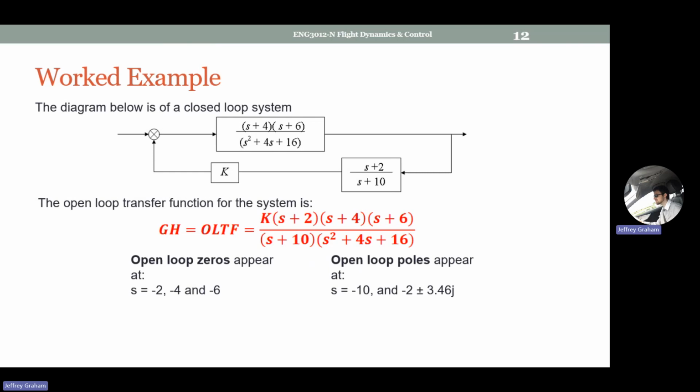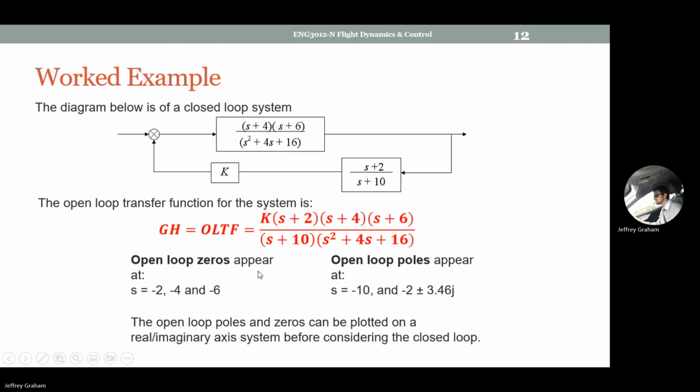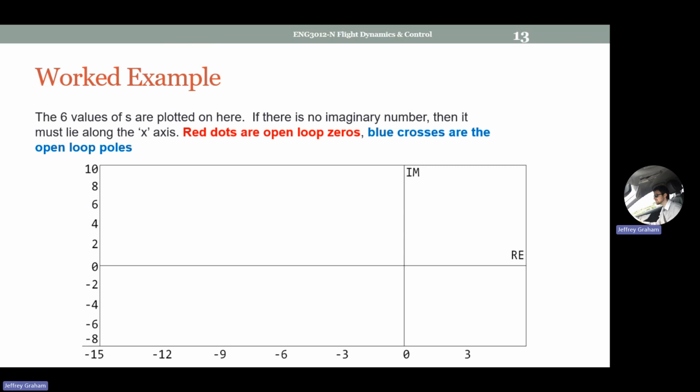Right, so what I'm going to do is plot those first. So these are the limits. You effectively get a little plot that looks like this, real on the x-axis, imaginary on the y. The zeros are in red, so we had -2, -4, -6.